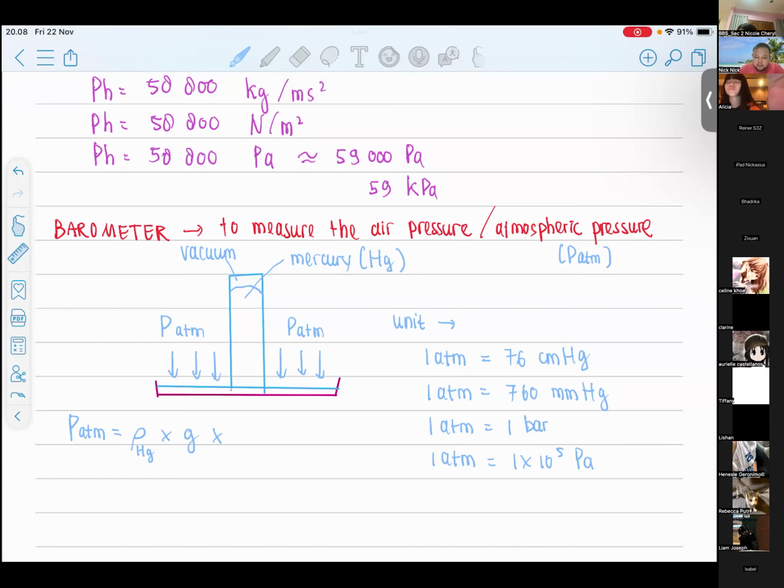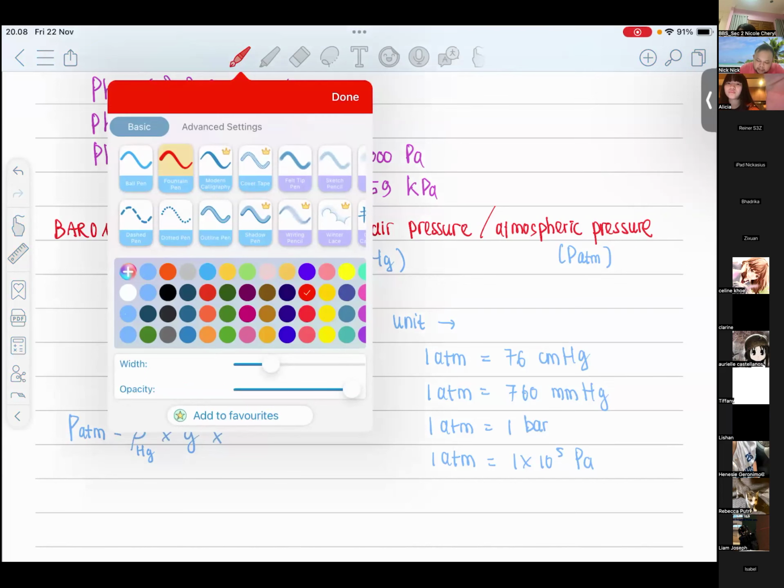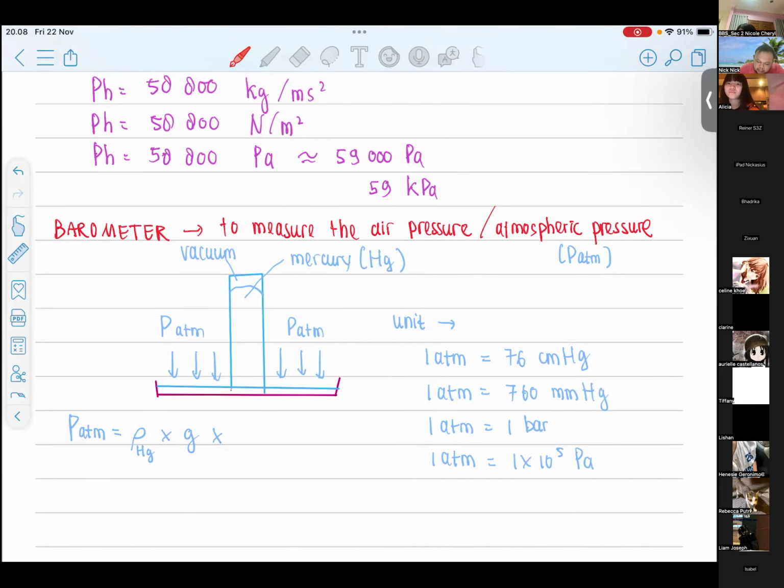The height of mercury is until the vacuum, until the top. The mercury makes a convex shape. Mercury is not flat like this. The surface of the mercury is a convex shape like this. Okay, this is the height.